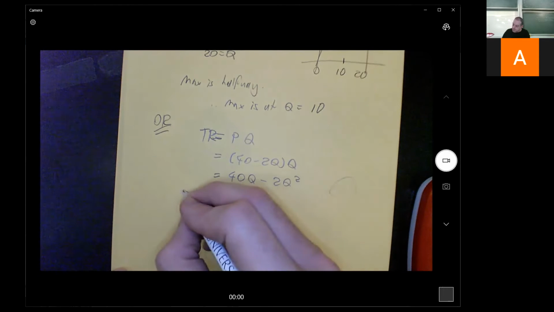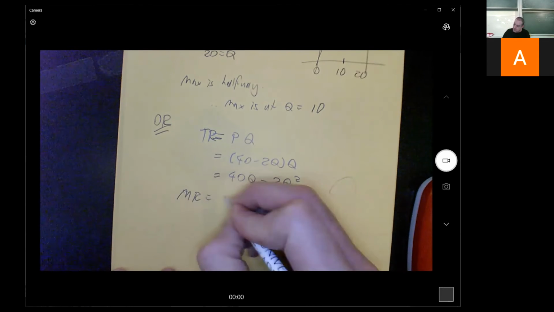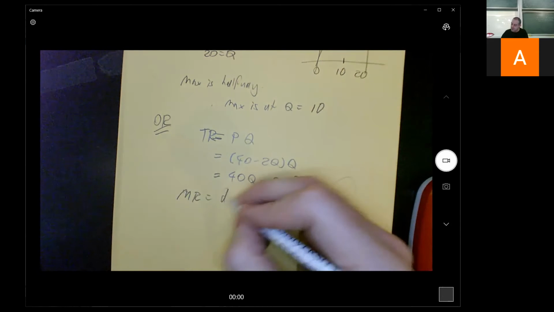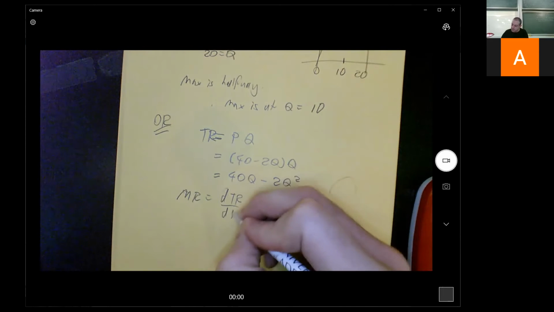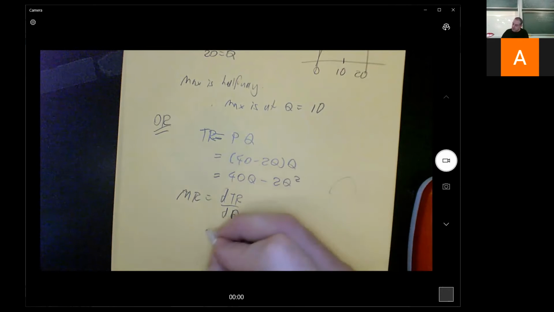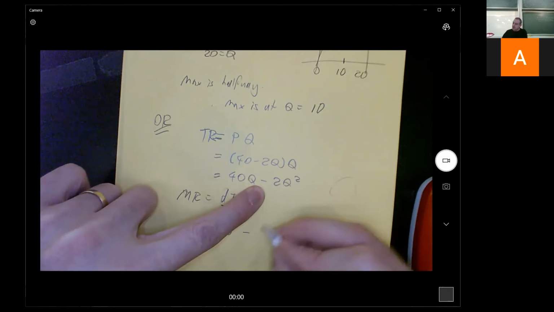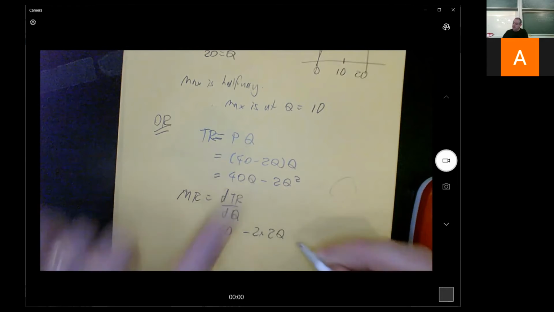So the marginal revenue, which is, sorry, I'm so into partial derivatives. So that'll be a 40, that'll be a minus 2 times 2Q.